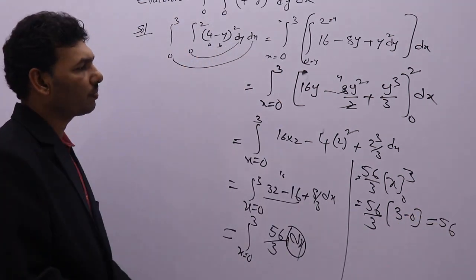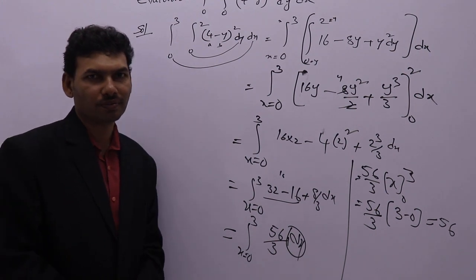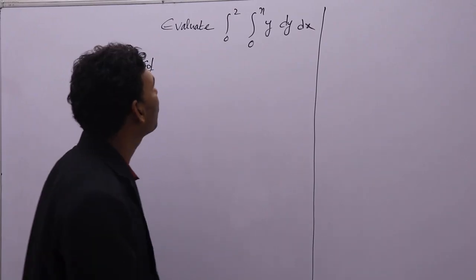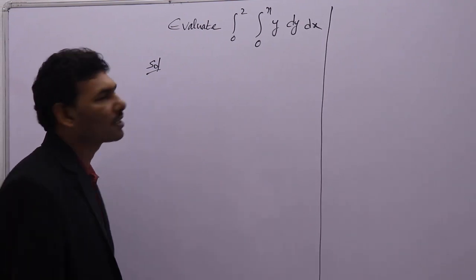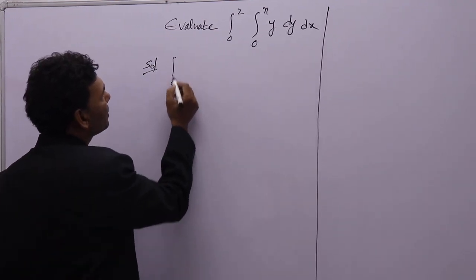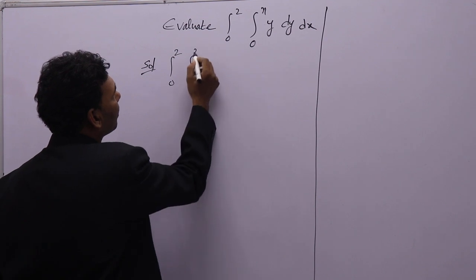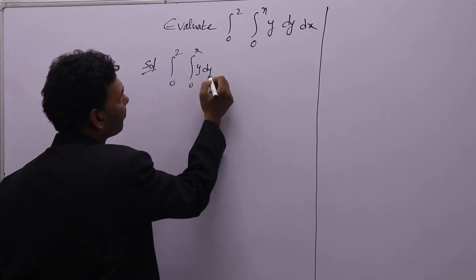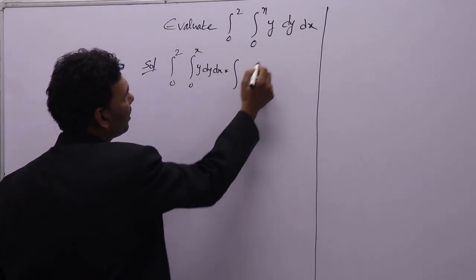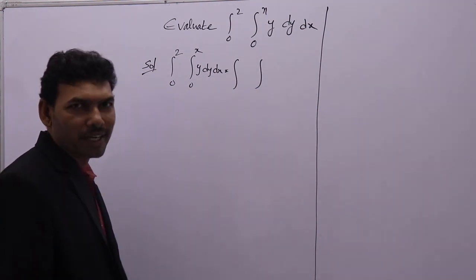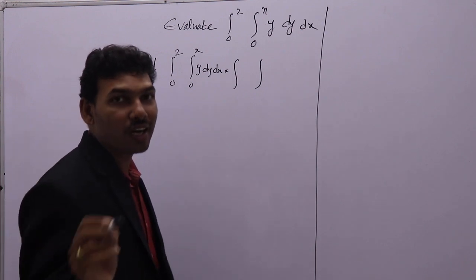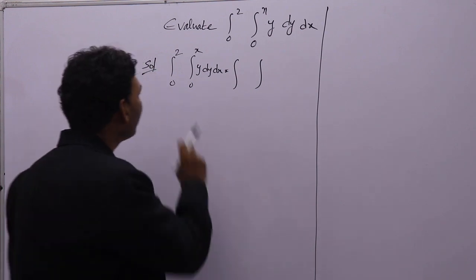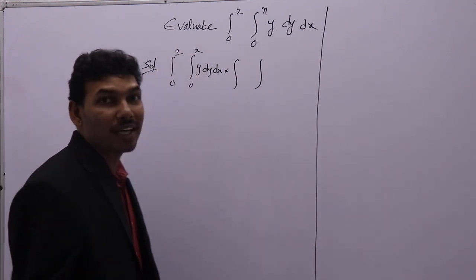Are you clear? Now to integrate this function, the limits are different, not all constant. To identify limits, I am giving one small technique. If limits are in terms of x, they are limits of y.